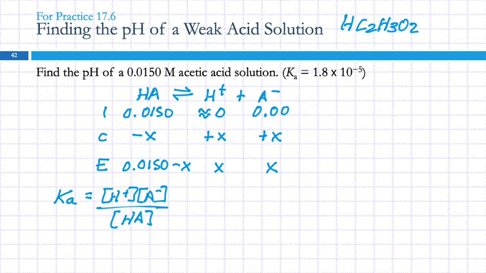And for almost, well, actually for all of these weak acids, the equilibrium constant expression is very simple. And so this is going to be, again, x squared over 0.0150 minus x. And that's going to equal 1.8 times 10 to the minus 5.